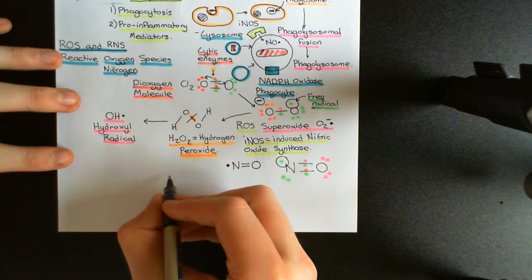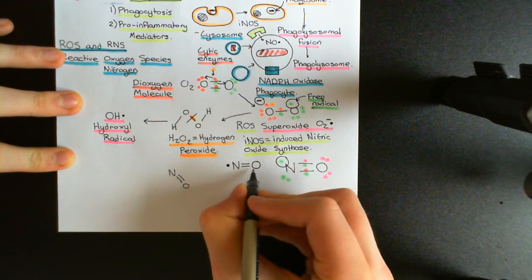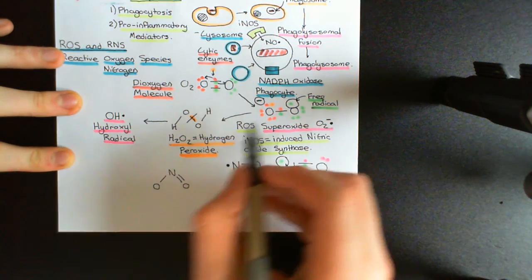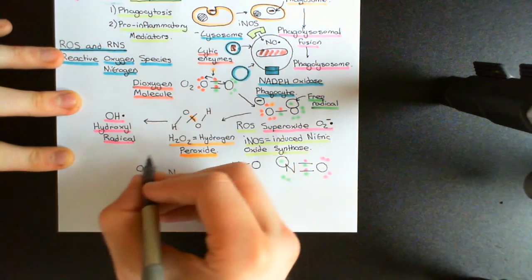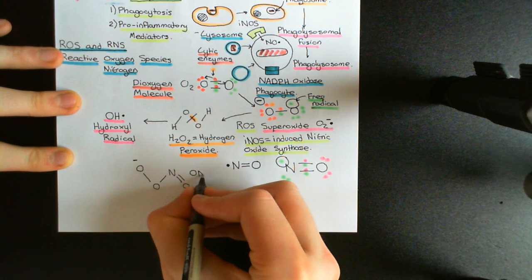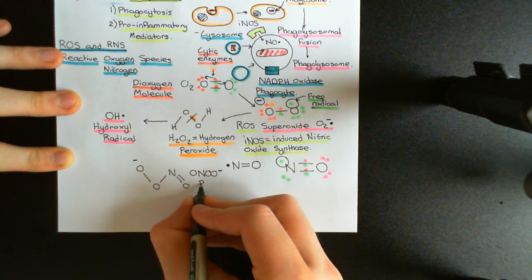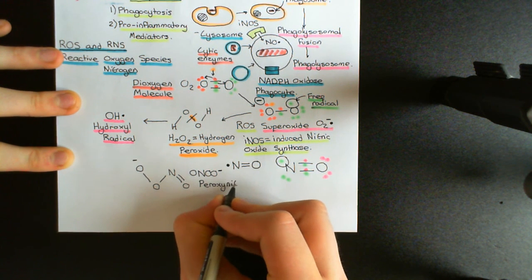So let me now show this. You'll have the nitrogen here, still double bonded to this oxygen, but now it's going to have a single bond to this oxygen here, and then you're going to have the other oxygen here, which will have a negative charge on it. This molecule is written ONOO negative, like so, and it has the name peroxynitrite.